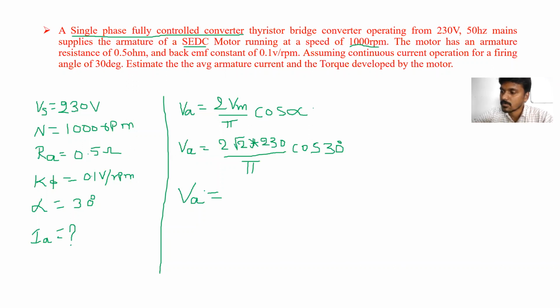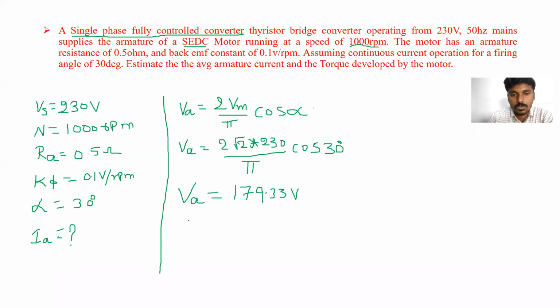I am getting 179.33. Is it right? 179.33 volts. Okay, but we have to find out the armature current, not the armature voltage.